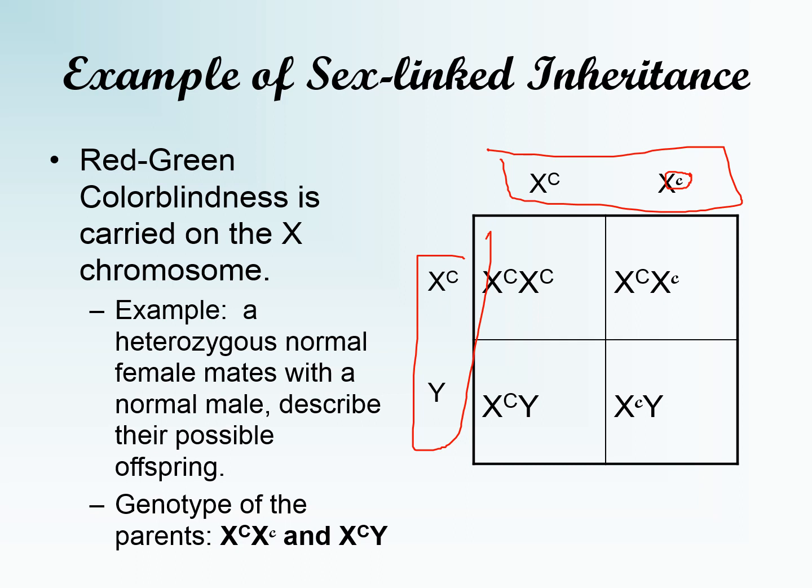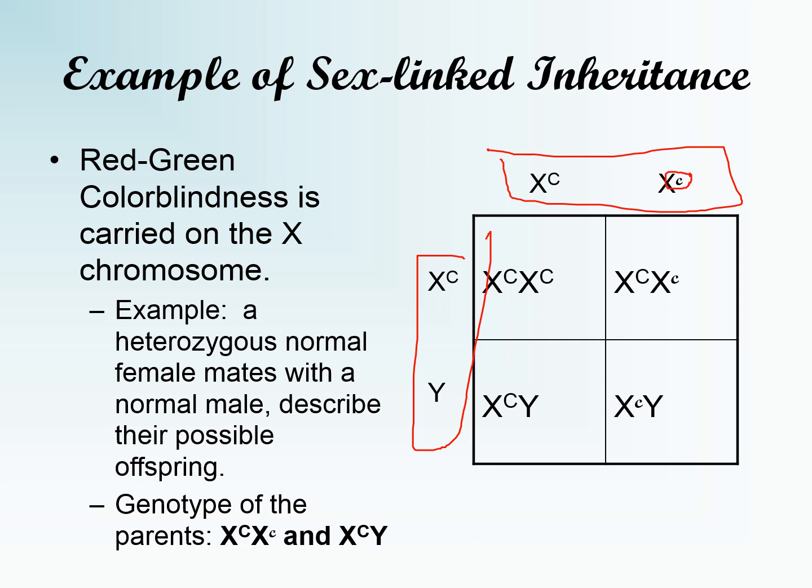Cross big X and Y, we've got a male. Big X and Y, we've got another male. And then I go back and put those alleles as superscripts next to the sex chromosome. So I'm going to put the big C here, the big C here, the little c and the big C, and then the big C and the little c.